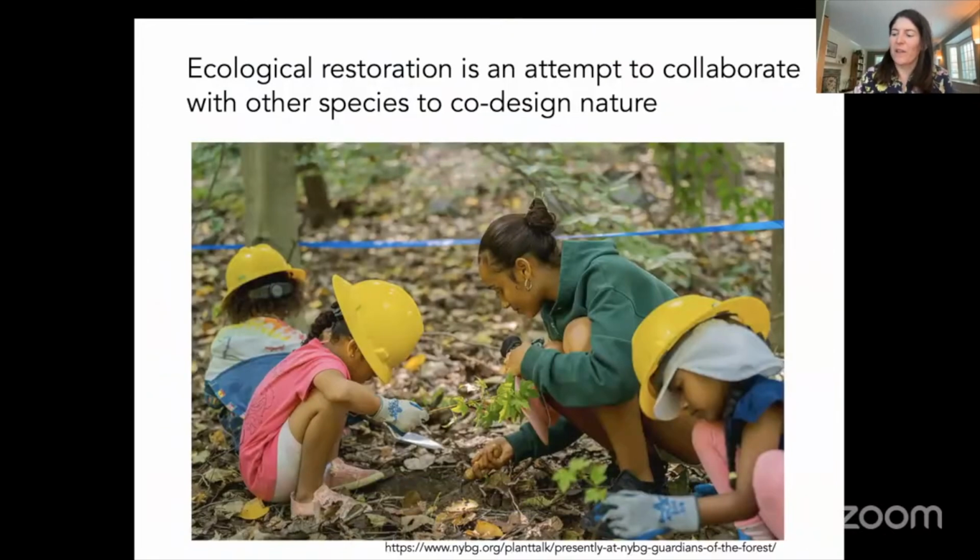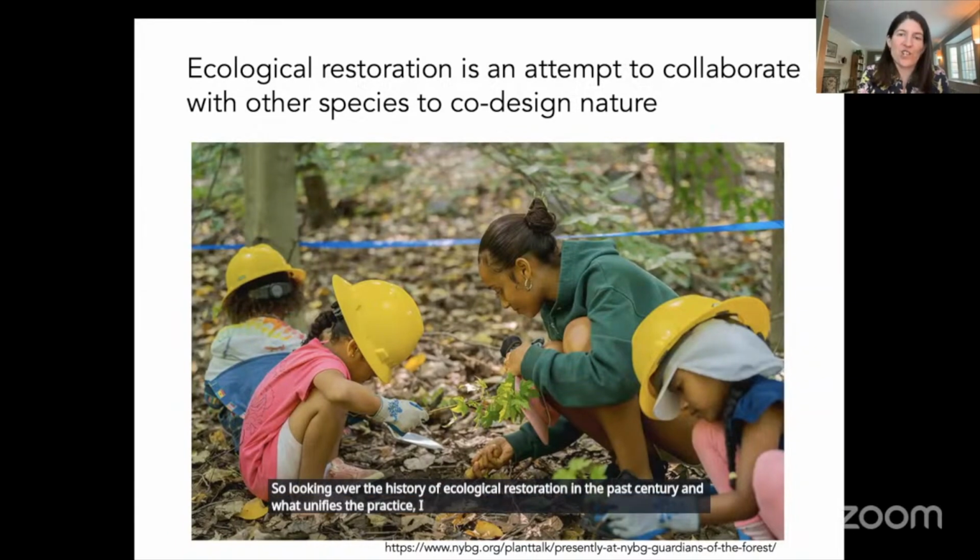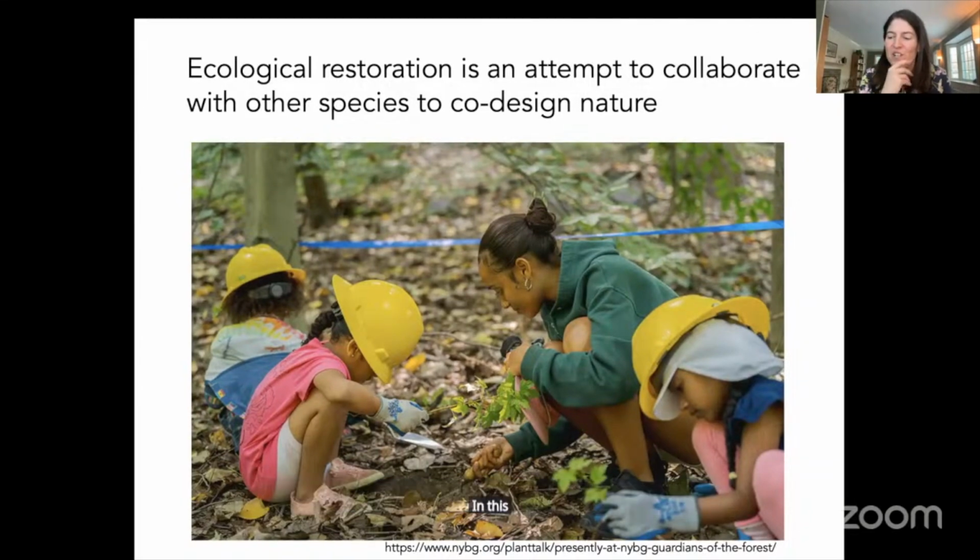So looking over the history of ecological restoration in the past century, what unifies the practice, I argue, is that restorationists have attempted to collaborate with other species, and collaborate is the verb that I landed on in this project. A restoration project is the result of both human agency and non-human agency.